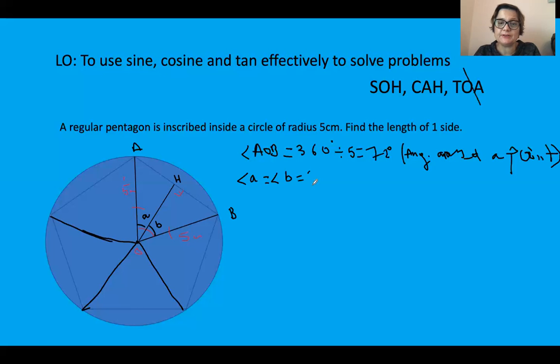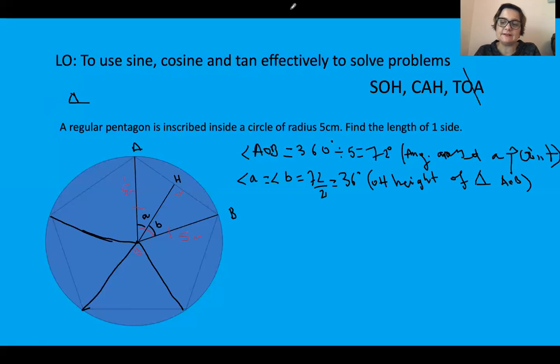So angle A equals angle B equals 72 divided by 2 equals 36 degrees. And again, because OH is a height, we drew that ourselves, the height of isosceles triangle AOB. You have to clarify why AOB is an isosceles triangle.